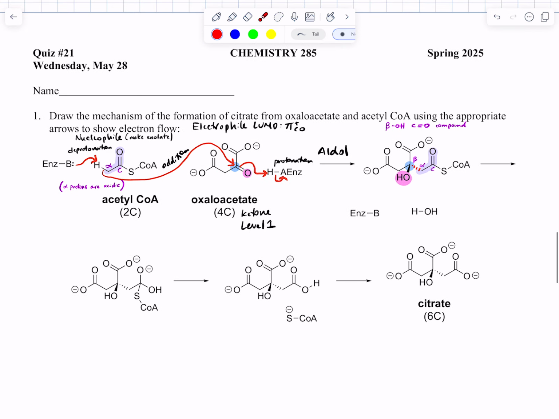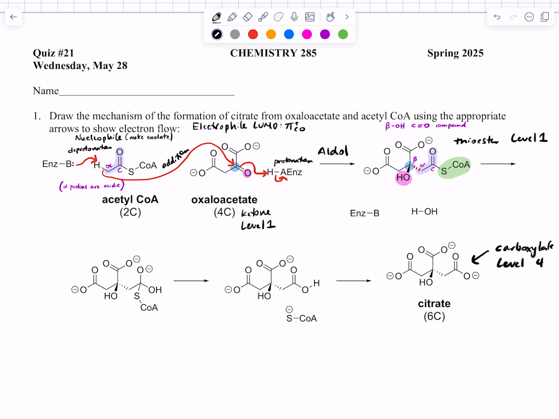Second step, the next few steps of this reaction, look at where we're starting. We have a thioester, which is a level 1 electrophile. And in the product, it's now a carboxylate, which is level 4.